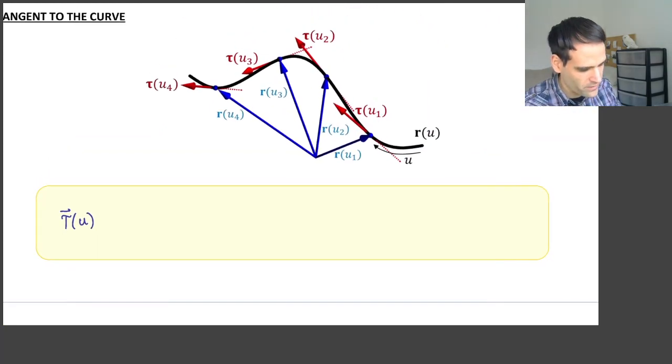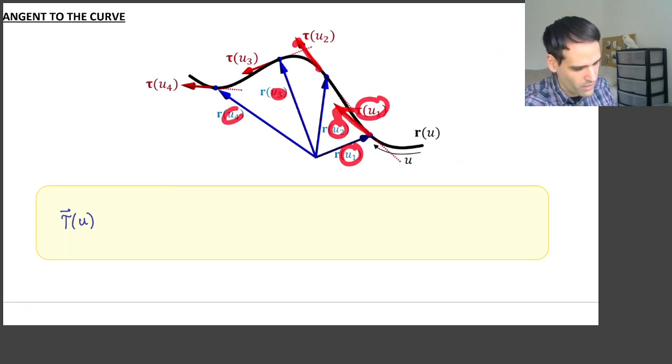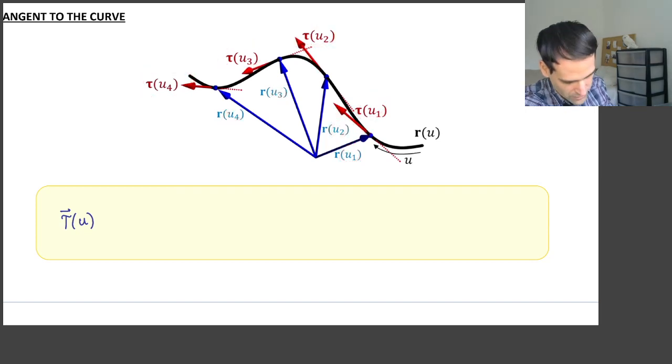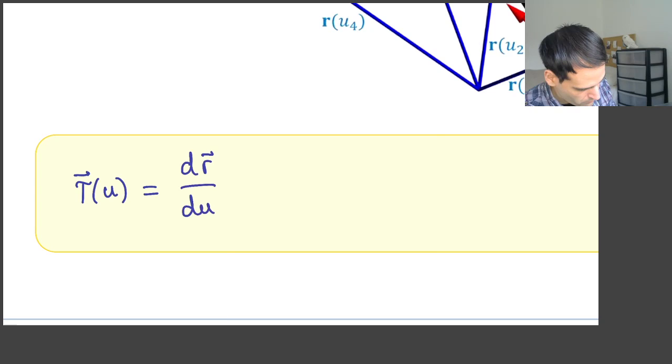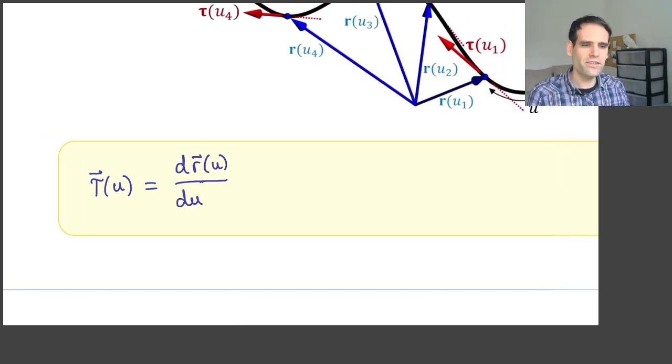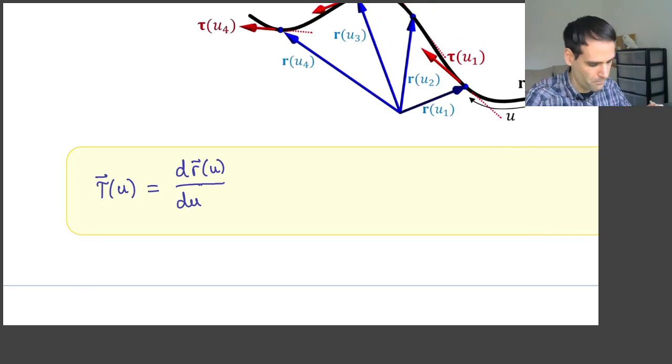It is a function of u because as we move u between u1, u2, u3, u4, we also get a different tau. Tau of u1, tau of u2, tau of u3, tau of u4, right? So tau is clearly a function of u, and it's simply given by the derivative of r with respect to u. Remembering that r is a function of u. Okay, so it's simply doing the derivative of r with respect to u.